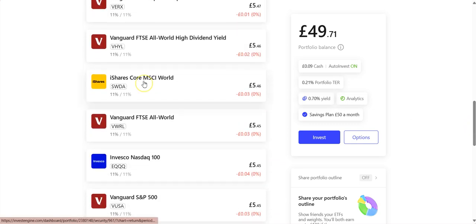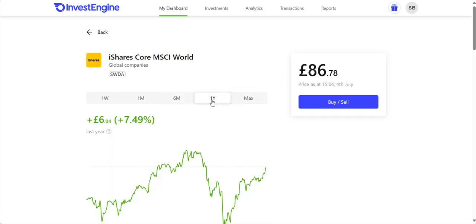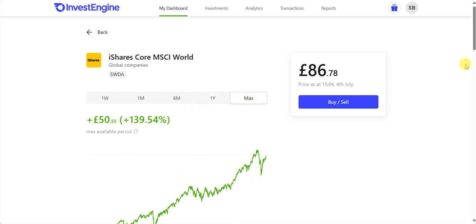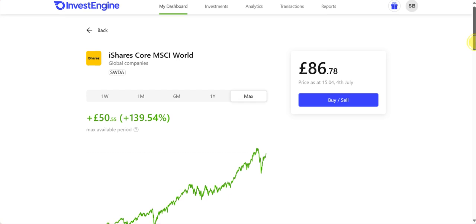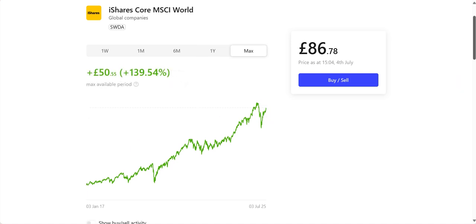So this is another world one. So let's look at the year, 7.49. Similar to the S&P 500, but doing a bit better. Let's have a look. Max, 139% since January 2017. That's a good return.